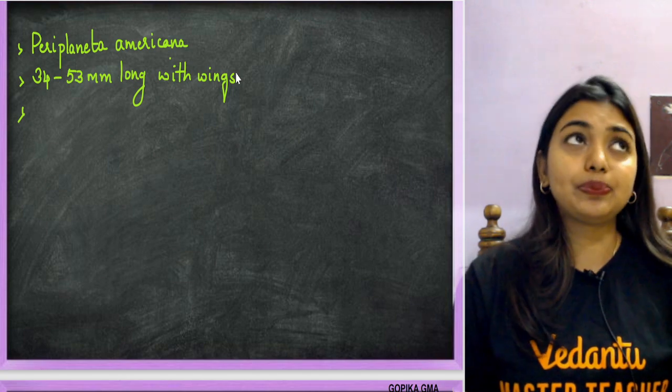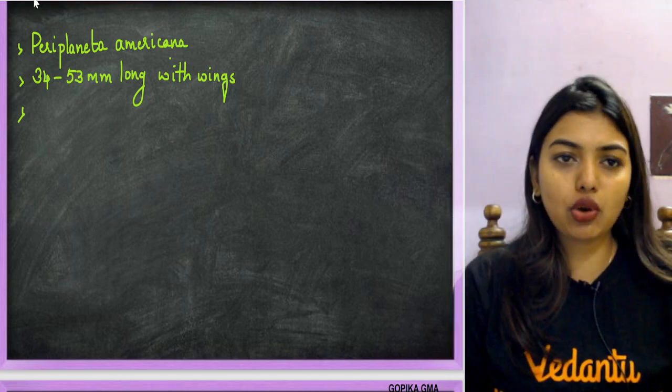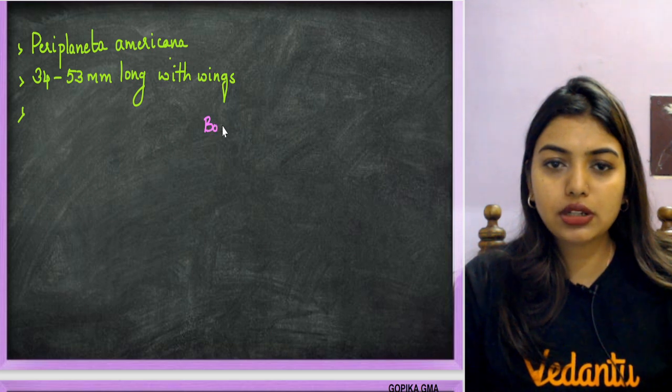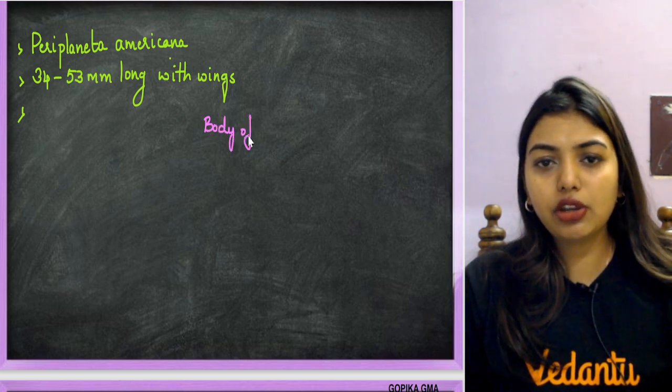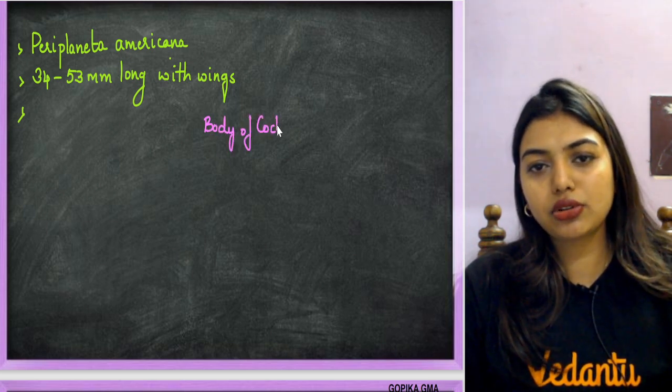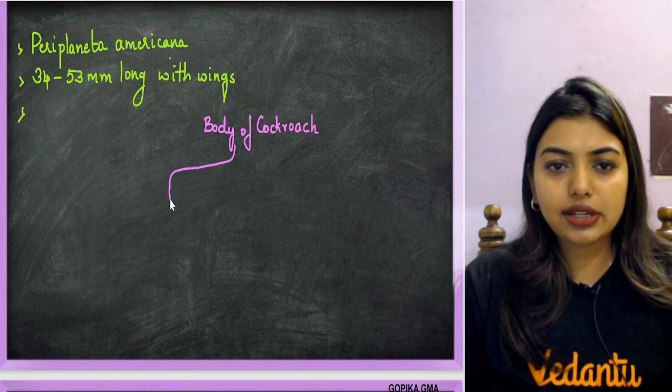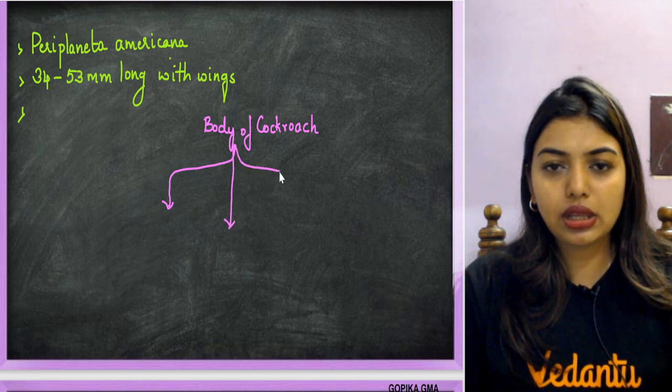Now the body of the cockroach, which is a very important thing. So body of the cockroach, let's write it here. Body of cockroach is divided into three parts. Okay, 1, 2 and 3 parts.